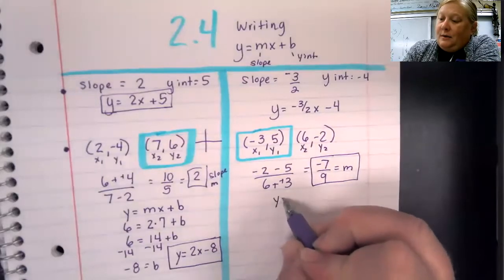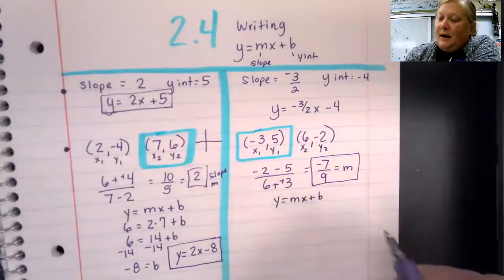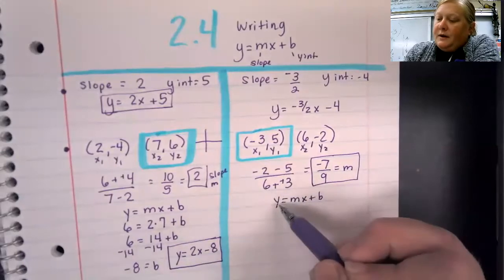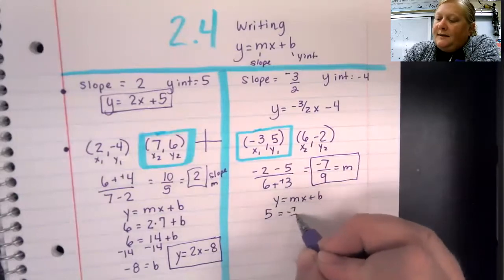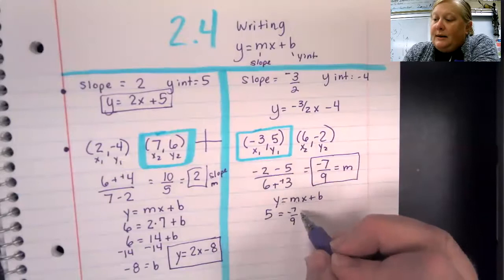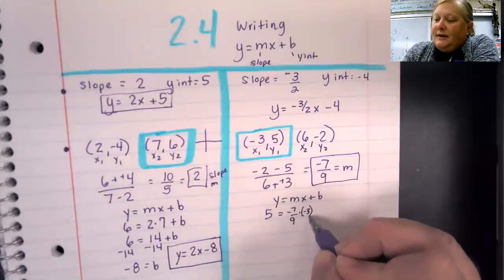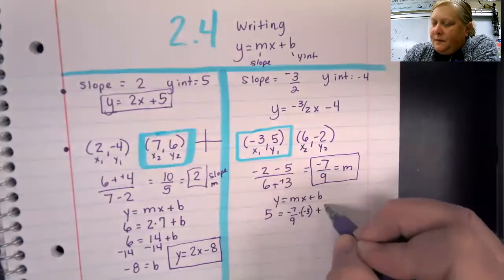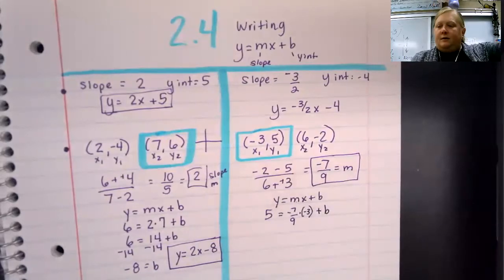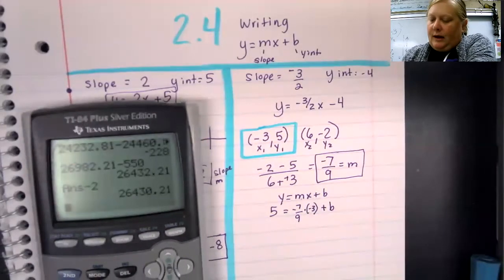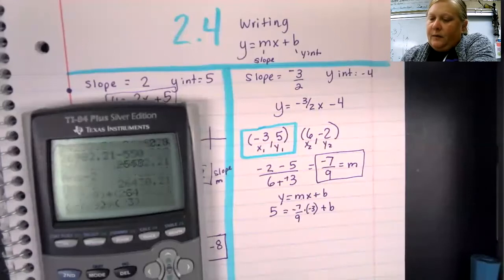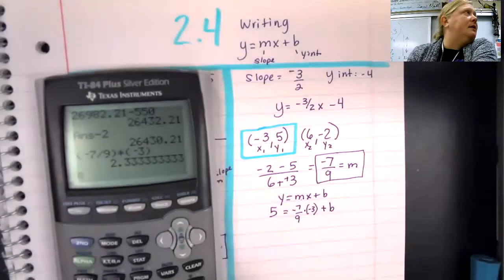All right, y is equal to mx plus b. Where's my y? My y's right there. Who's my m? Oh yeah, negative 7/9. Who's my x? Right there. I'm going to put this in parentheses so that you're not thinking it's subtraction. Okay, so now I'm going to take my handy dandy calculator and calculate negative 7/9 times negative 3, and I get 2.33.